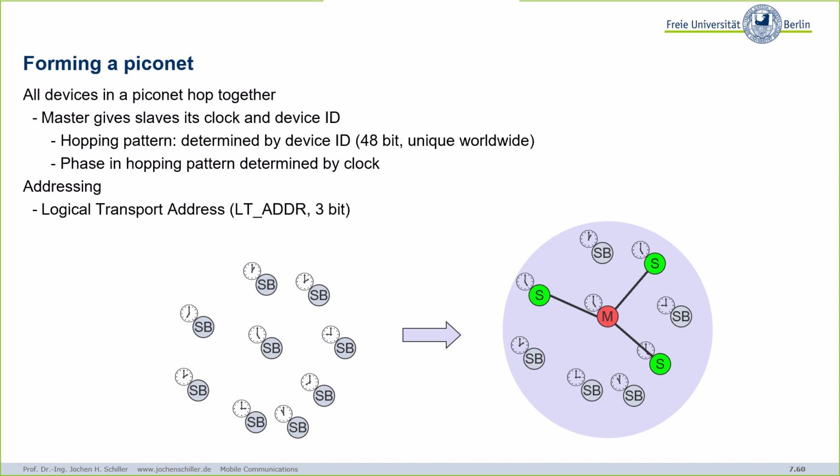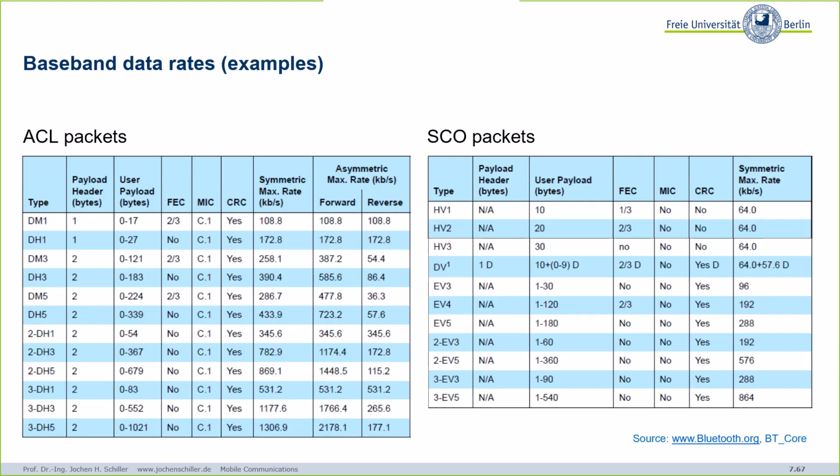And then many different packet formats. That's not the important point. Also some of the data rates, just to show you what is the classical data rate shown here. So 400 something kilobit per second in a symmetric setting, or you can also have an asymmetric setting.